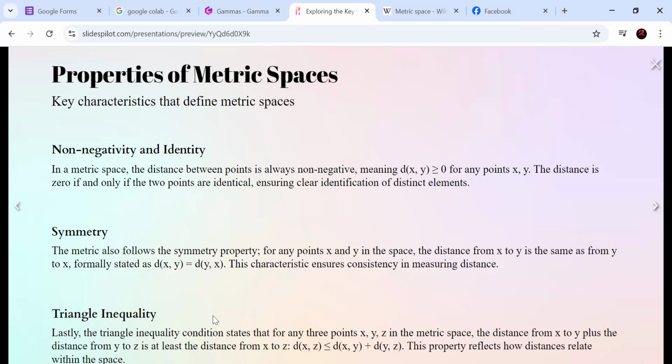That is, d(x,z) is less than or equal to d(x,y) plus d(y,z). This property reflects how distances relate within this space. So the third property of a metric space is triangular inequality.